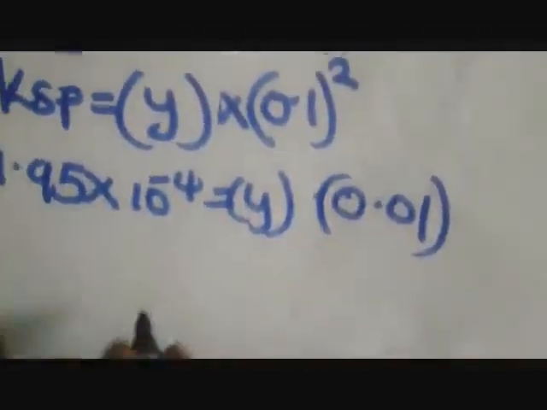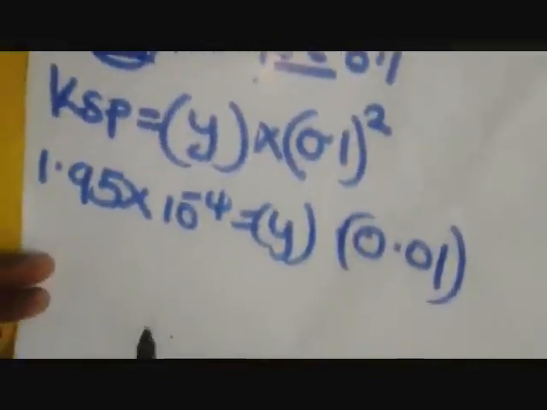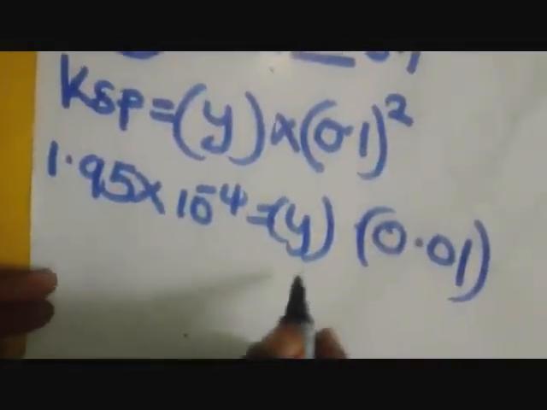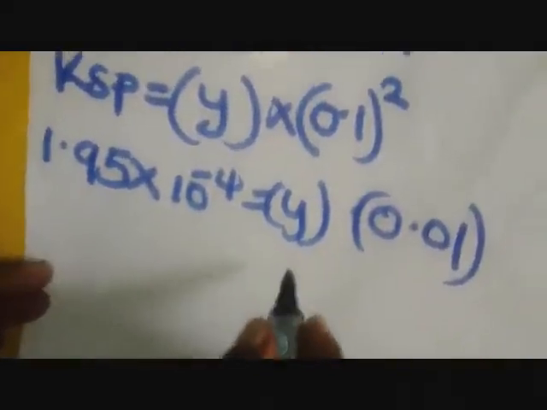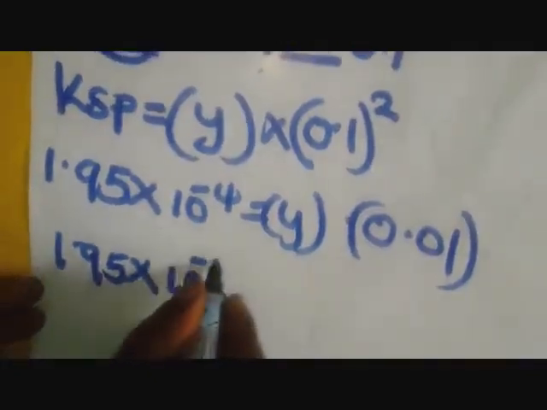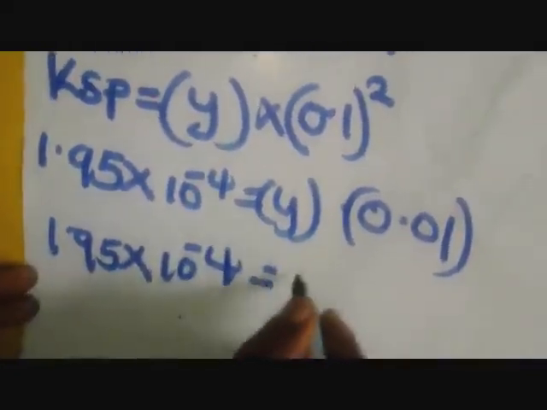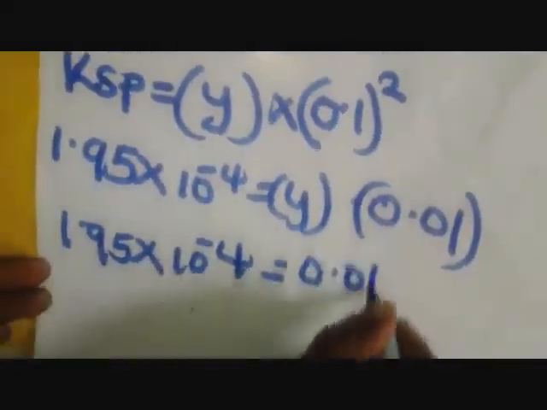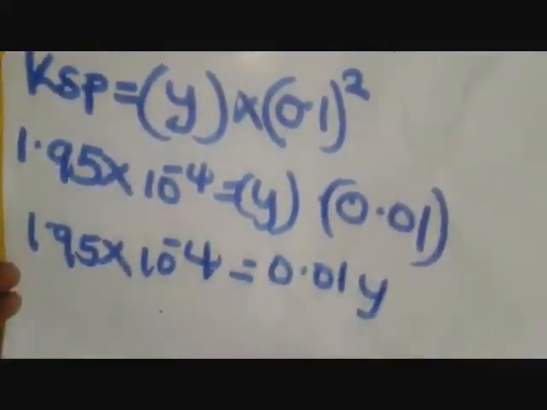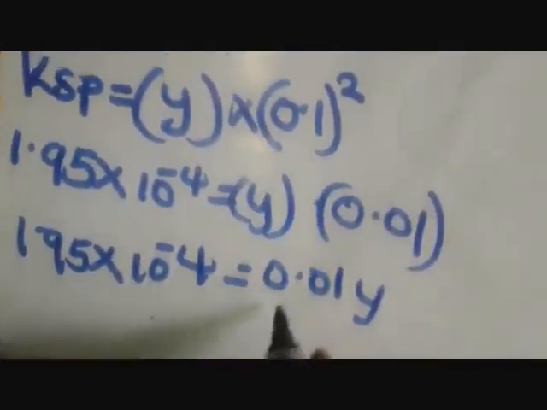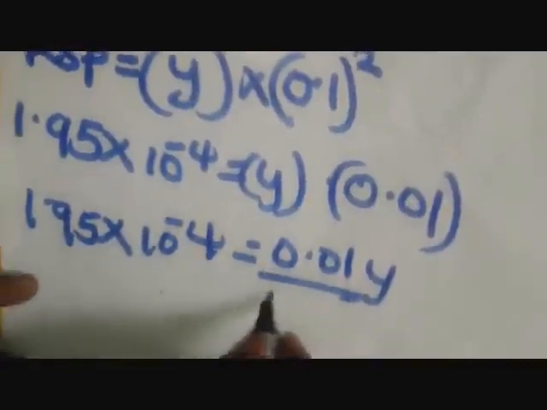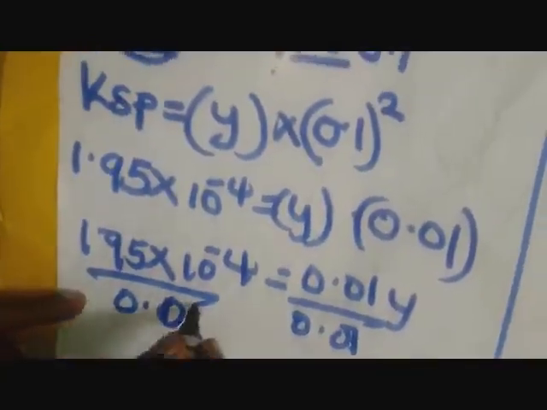Now, after doing that, what are we going to do? We are going to solve for Y. To save time, this is the same as 1.95 times 10 to the power negative 4 being equivalent to 0.01Y. Now, mathematics here, primary mathematics: we are going to divide by 0.01.